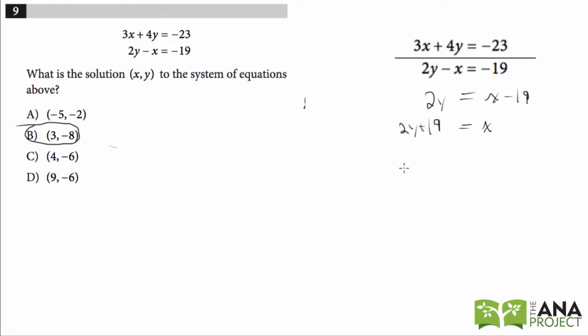All right. Now, x equals 2y plus 19. I'm going to substitute 2y plus 19 in for x to solve for y. So let's just copy this equation.